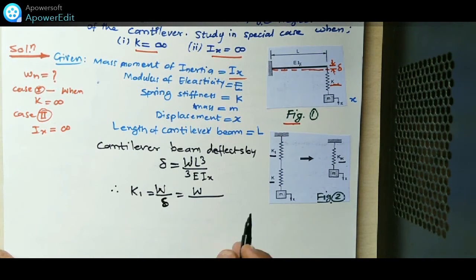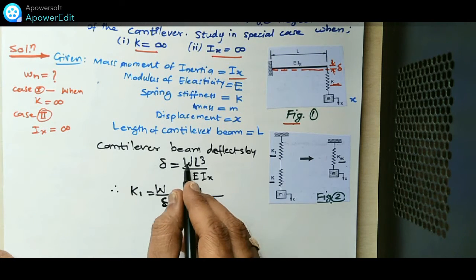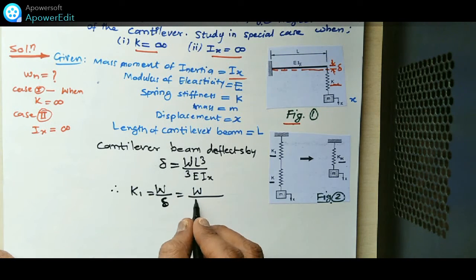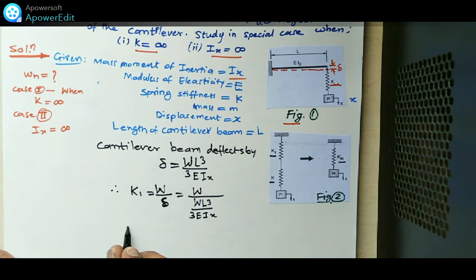W is the force applied at the end. So K1 is W by delta, and we put the value of delta here, W L cube upon 3 E Ix. So what is the value of K1 then? K1 is 3 E Ix in the numerator, and in the denominator it becomes L cube.